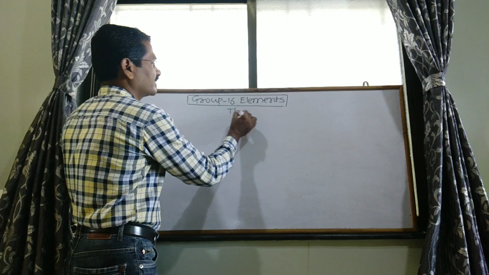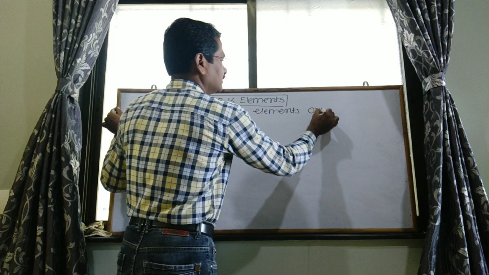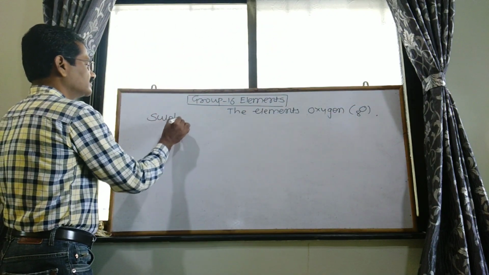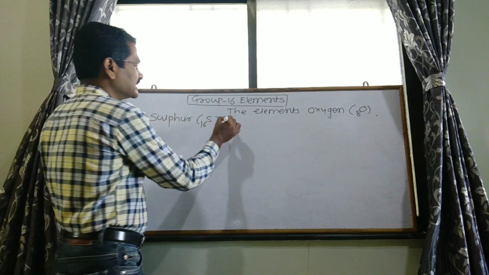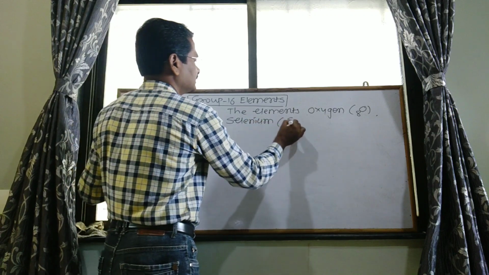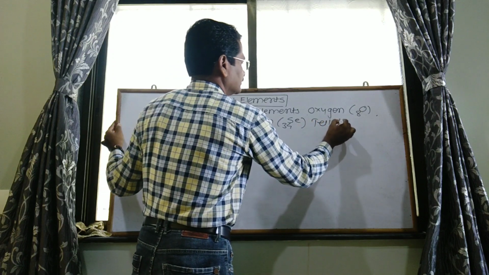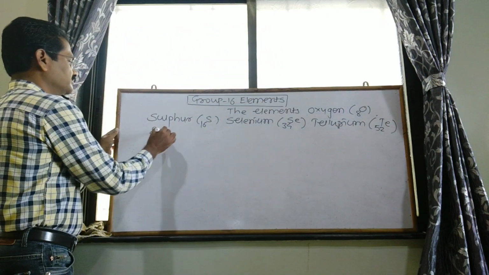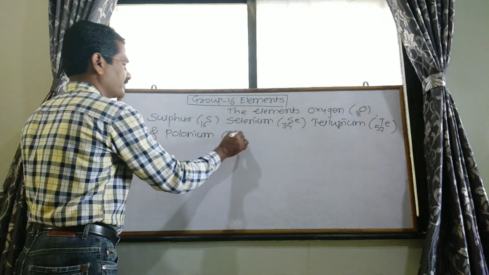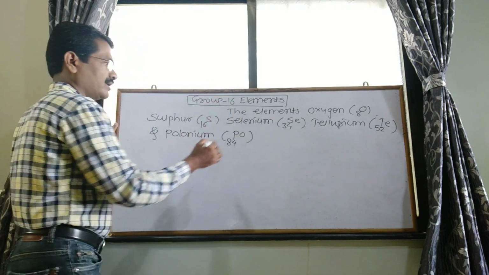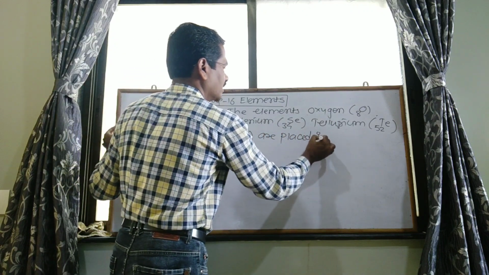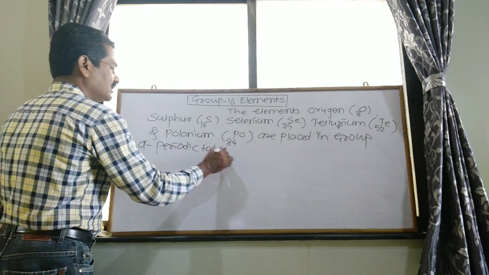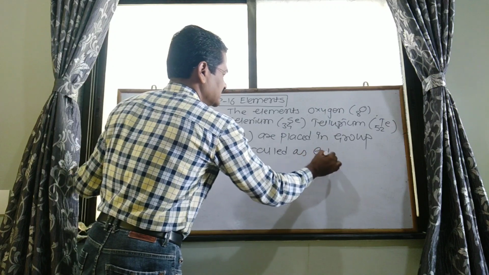The elements oxygen, then sulfur, selenium, tellurium and polonium are placed in group 16 of the periodic table, and are called group 16 elements.